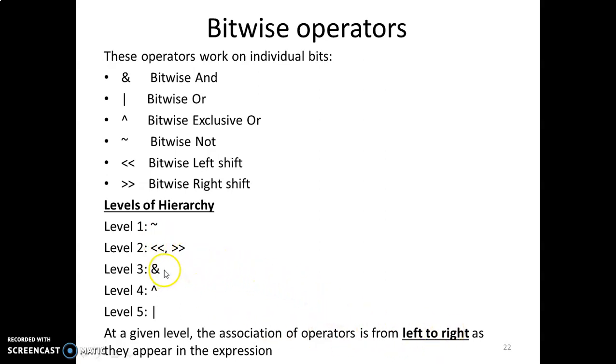And then comes bitwise and, after that bitwise exclusive or, and then bitwise or. So we have got 5 distinct levels of hierarchy here, with bitwise not at the top and bitwise or at the bottom, and for operators at the same level, the association is from left to right.